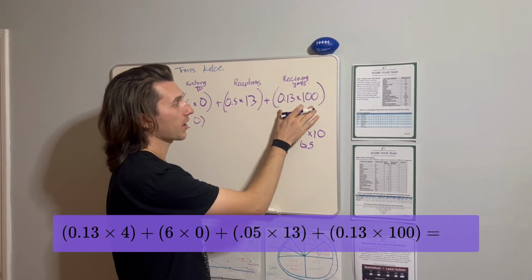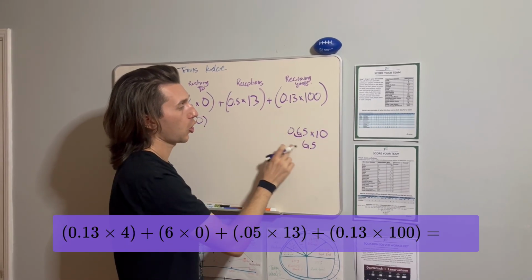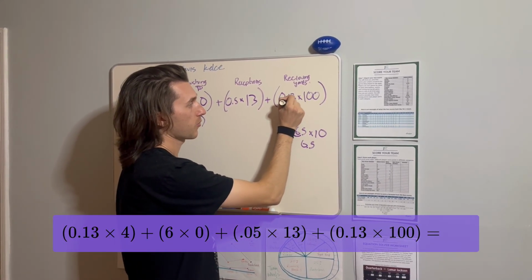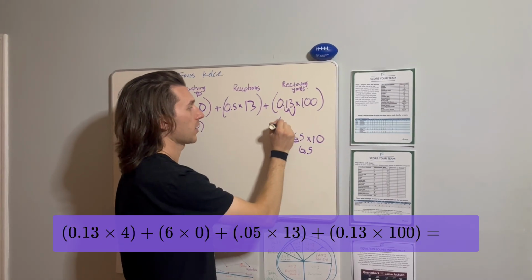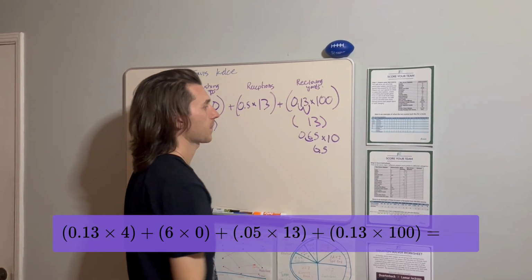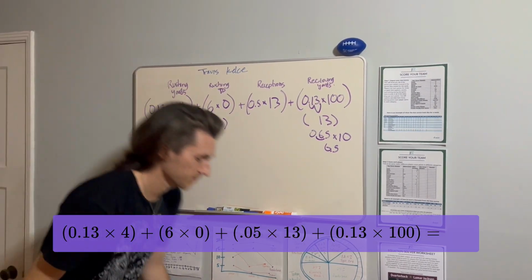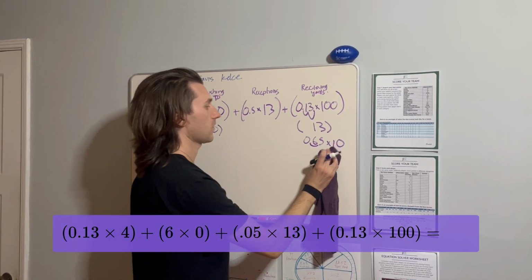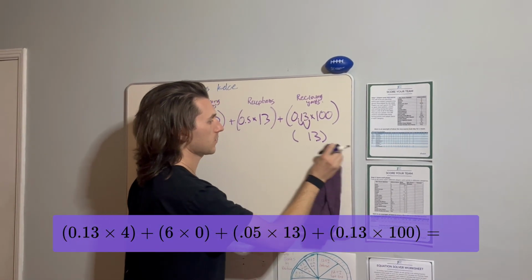So when I'm multiplying something by 100, all I have to do is move this decimal point twice, and I will end up with 13 as my answer there. I'll go ahead and erase this.